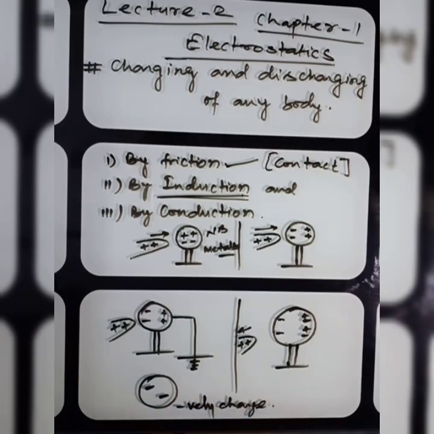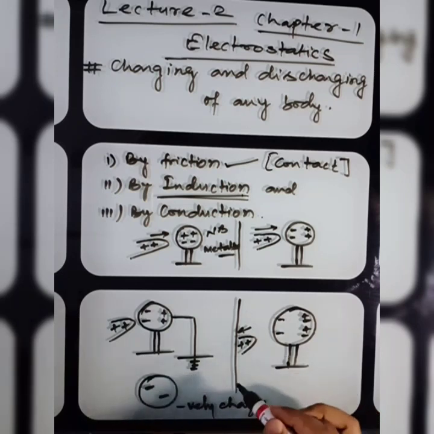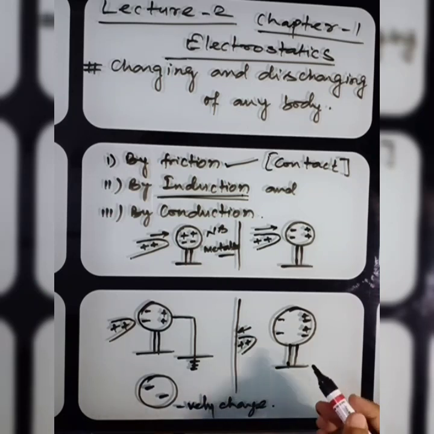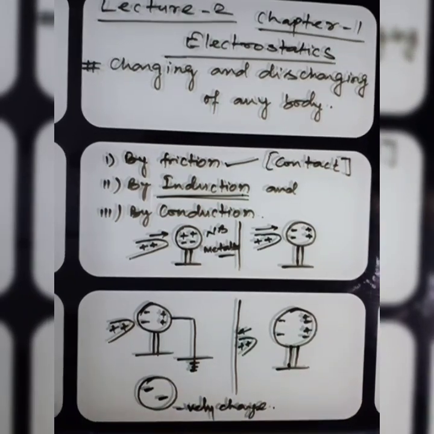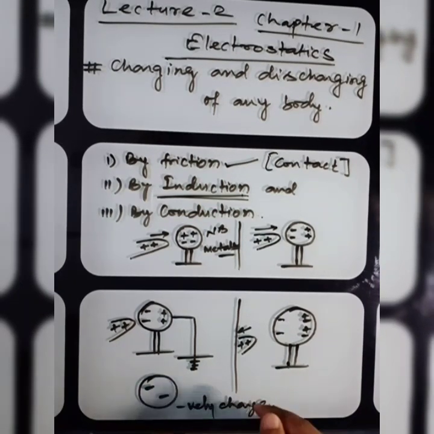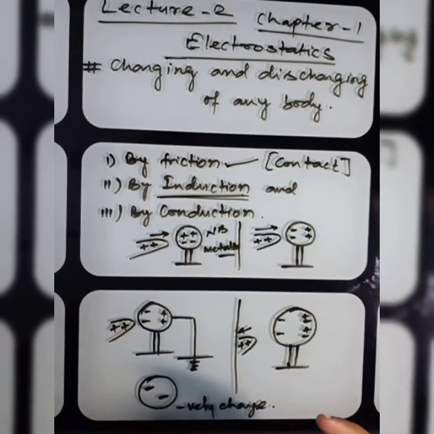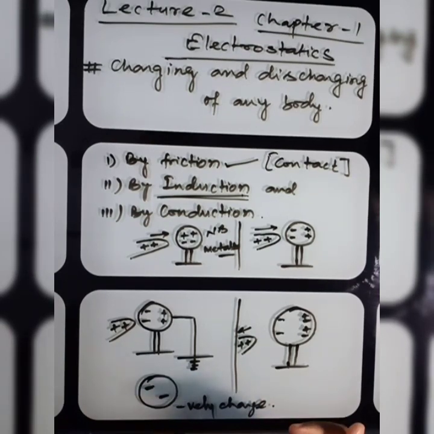So this is the method of charging by induction. In the same way, you can charge a body positively. This is all about today's lecture. In the next lecture, we'll study how to charge a body by conduction. Thank you, students.